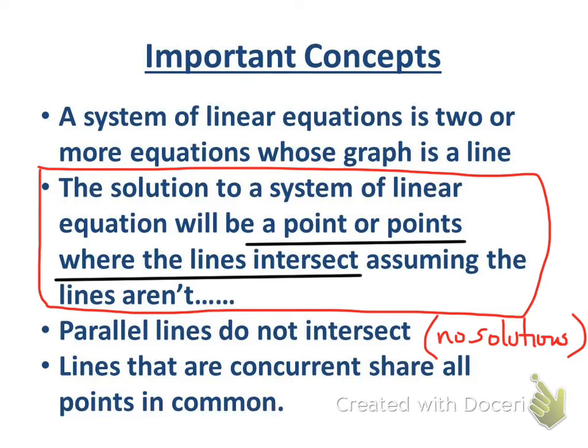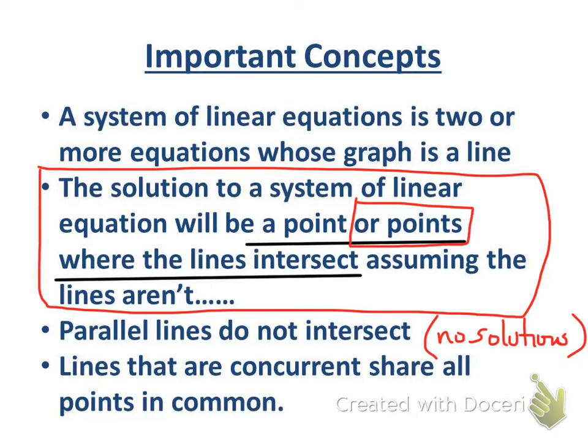And lines that are concurrent, now this says point or points. How could two lines have more than one point in common? How do they intersect twice? Can they intersect just twice? They can't, right? In order for two lines to have 2 points in common, they have to have all points in common.